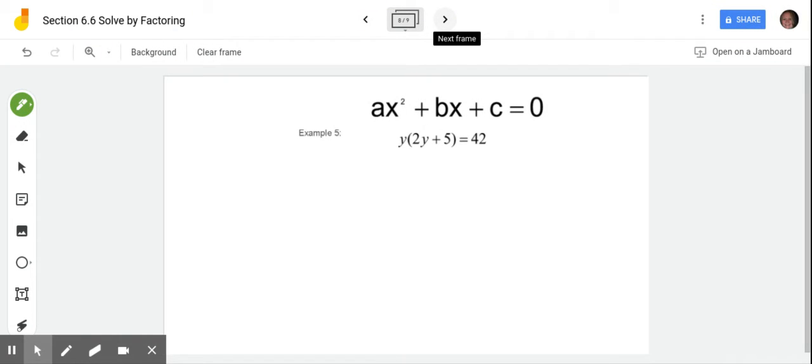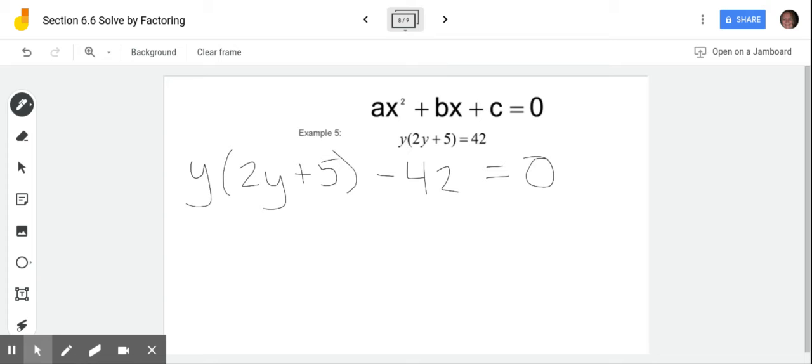Whoa, that's crazy. y times 2y plus 5 equals 42. Okay. Well, the first thing we have to do is get this set equal to 0. So I'm going to take this 42 and move it to the other side by subtracting. So I get y times 2y plus 5 minus 42 equals 0.